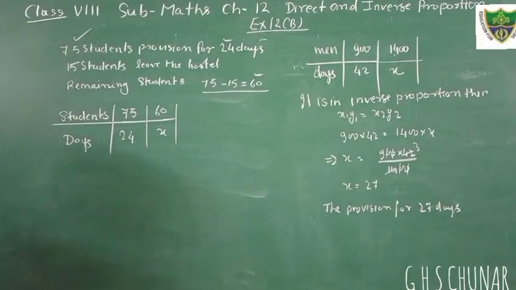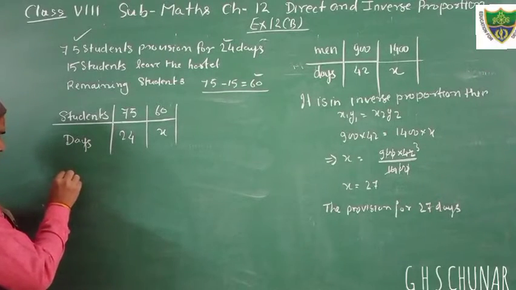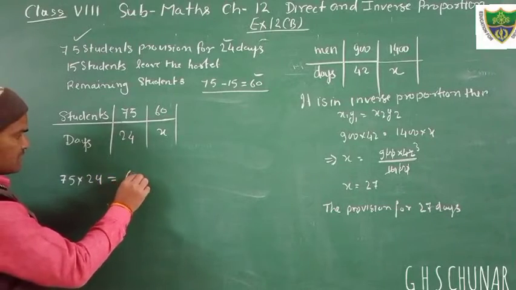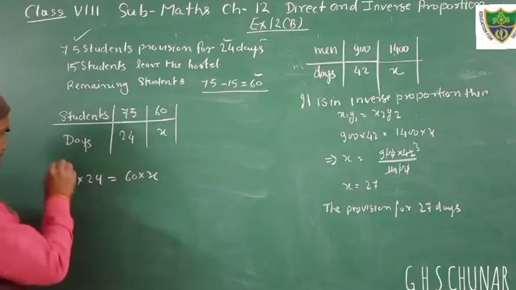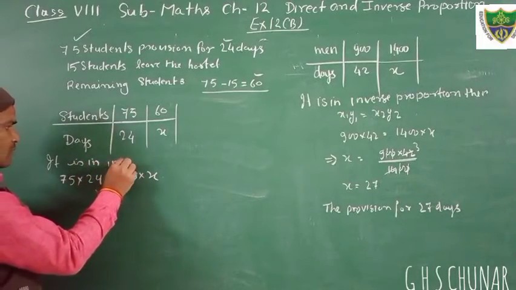Here the number of students decreases, so the number of days of the provision will increase. It is in inverse proportion, so we write 75 into 24 is equal to 25 into x.